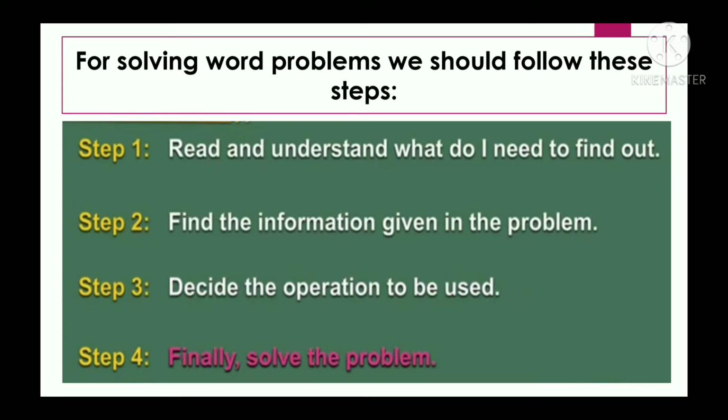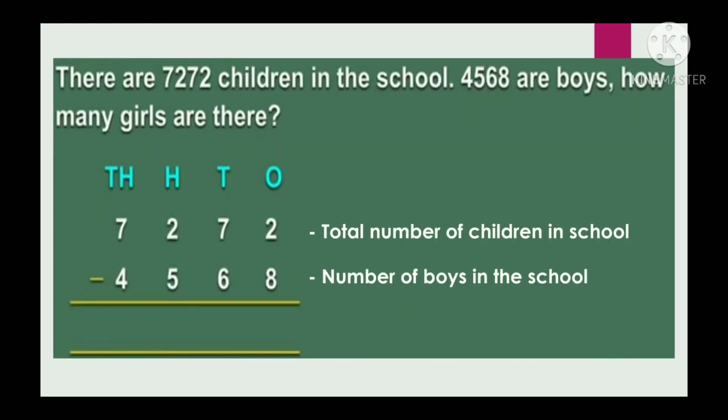Now, let's take an example. There are 7,272 children in the school and 4,568 are boys. So, how many girls are there? So, for that, first you'll see what are given. So, here total number of children in the school is given. So, first we will write total number of children in school is equal to 7,272.